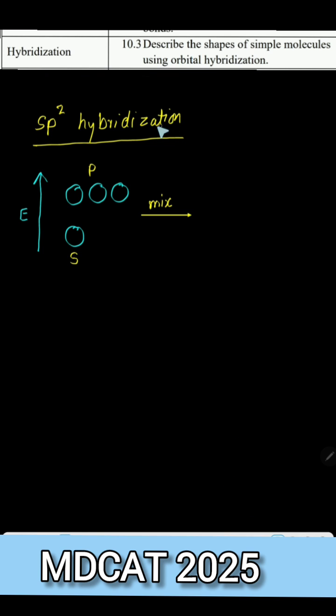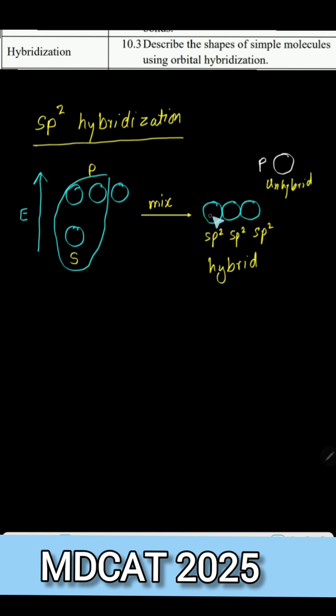sp2 hybridization. In this hybridization, one s and two p orbitals combine, giving us three hybrid orbitals. Each orbital is sp2, sp2, and sp2, and one unhybrid p orbital.